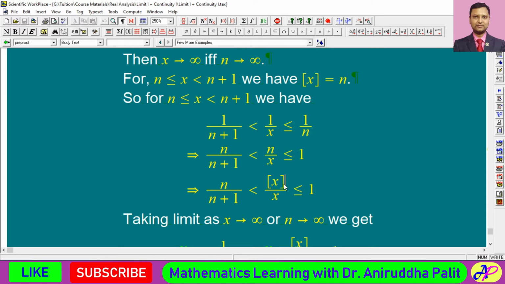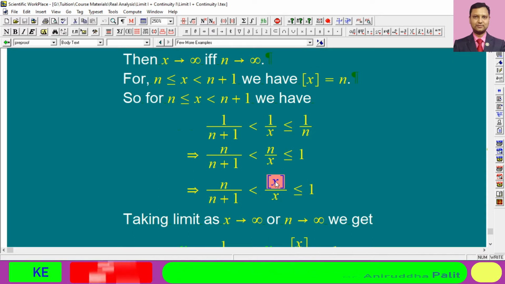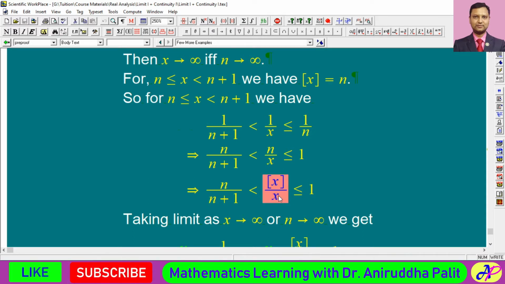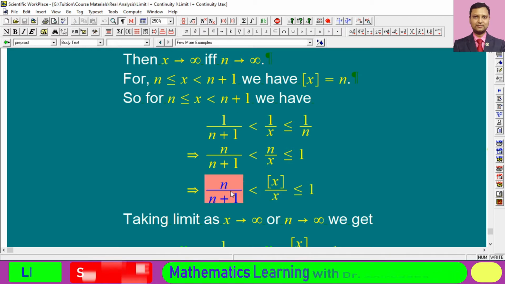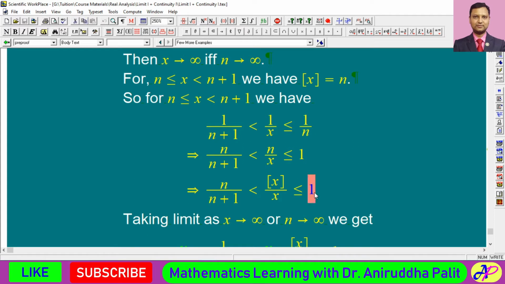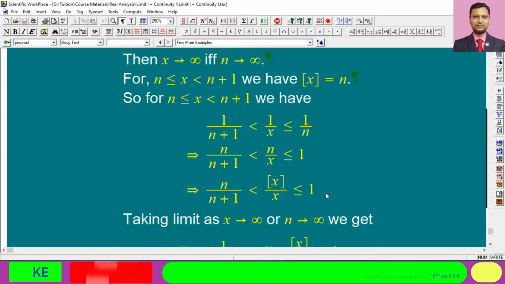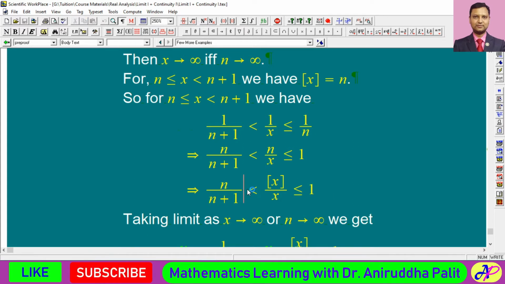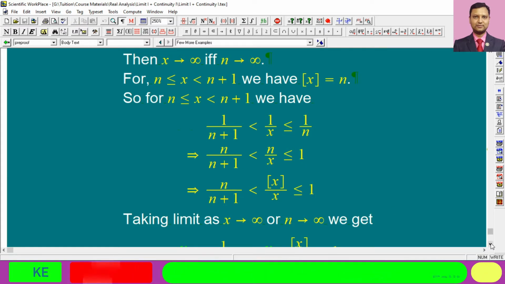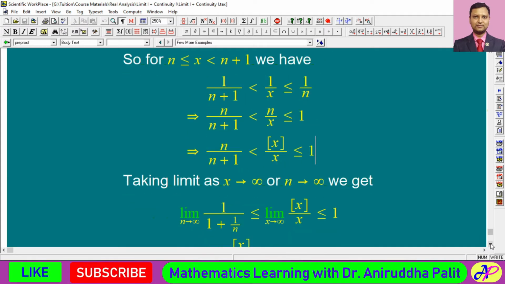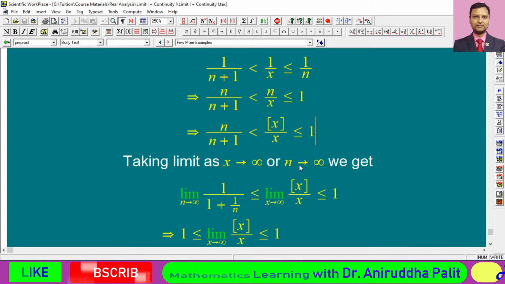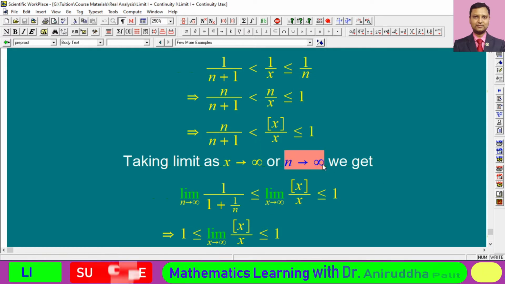Therefore this middle term can be written as [x] divided by x. The left hand side remains the same and the right hand side is a constant, so it remains the same. So n by n plus 1 is strictly less than [x] by x, and that is less than or equal to 1. Now we take the limit as x tends to infinity, or n tends to infinity.